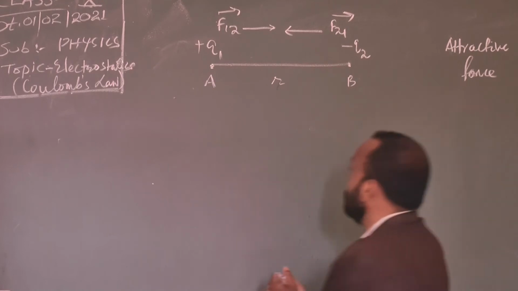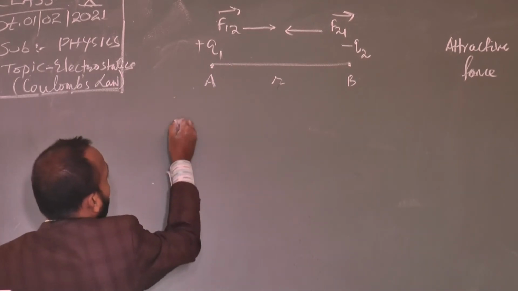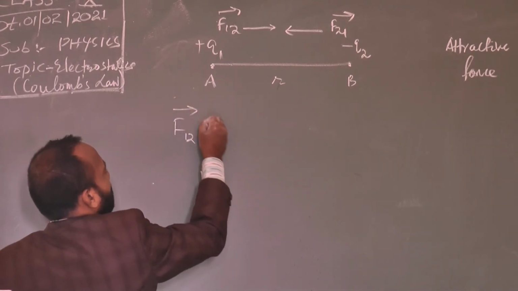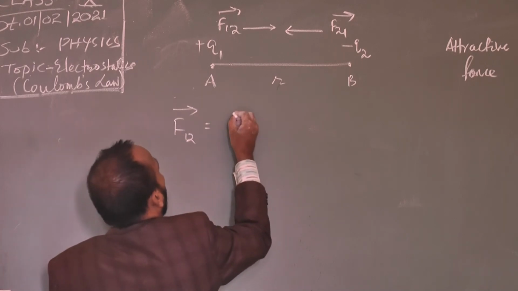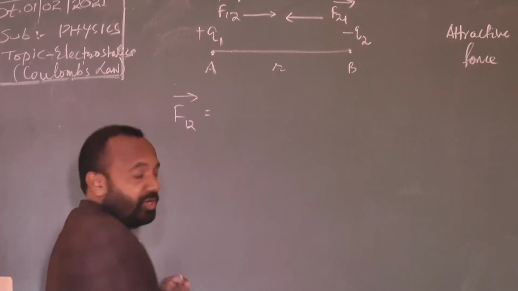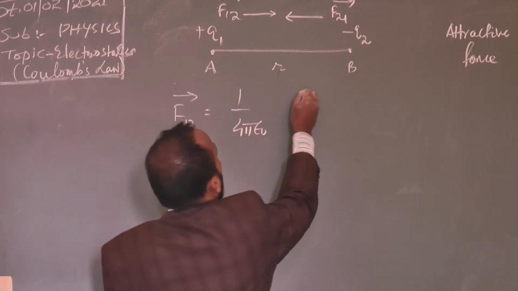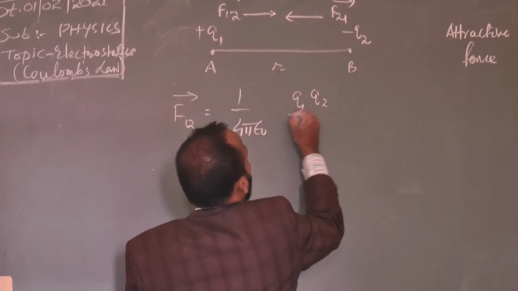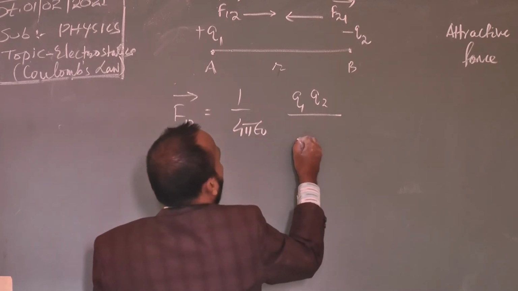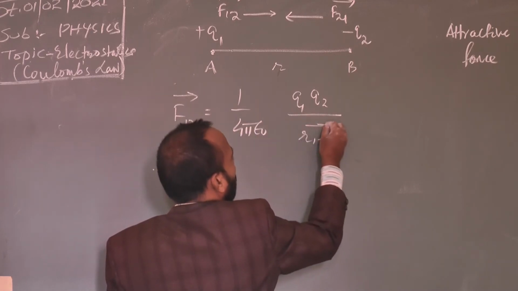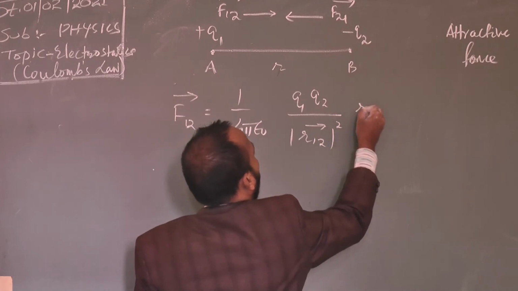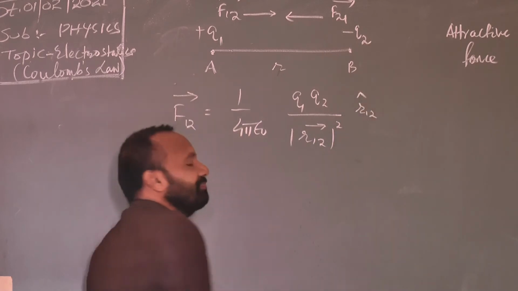Here the expression will be in the vector form. F12 is equal to 1 by 4 pi epsilon naught, Q1 Q2 divided by R12 whole square, R12 cap.